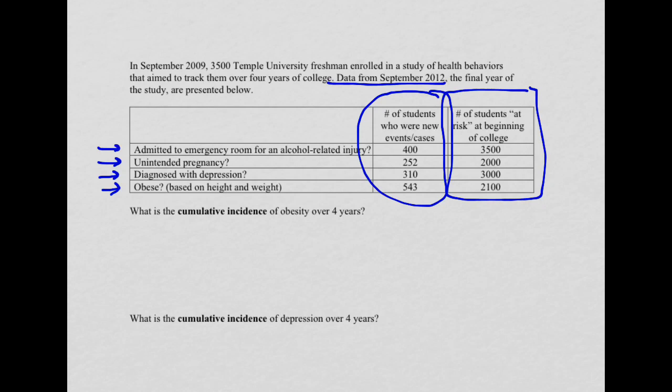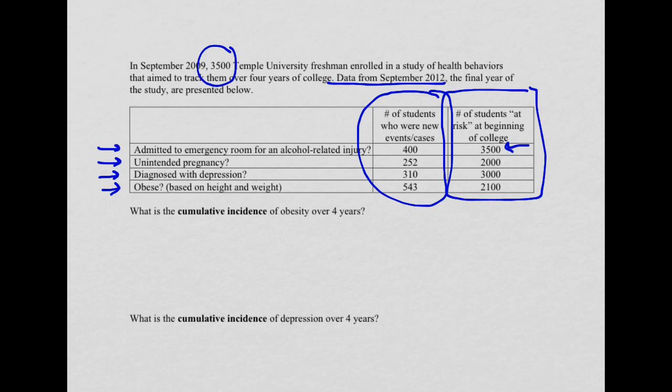In some cases, the number of students at risk is the same as our total population in the beginning. Let's look at this example: the number admitted to the emergency room for an alcohol-related injury. In that case, all 3,500 of our students in our study had the potential over 4 years to be admitted to the emergency room.